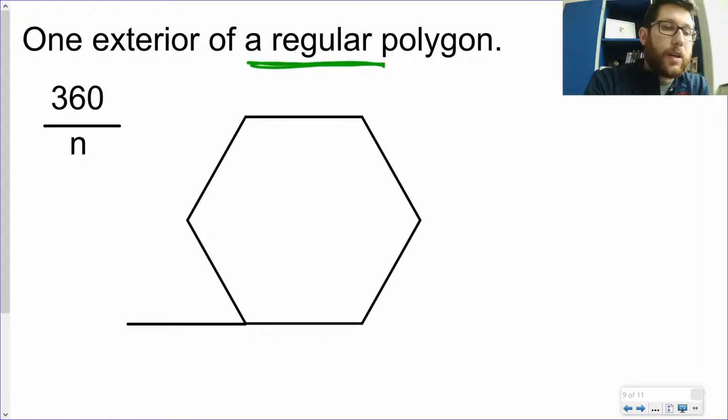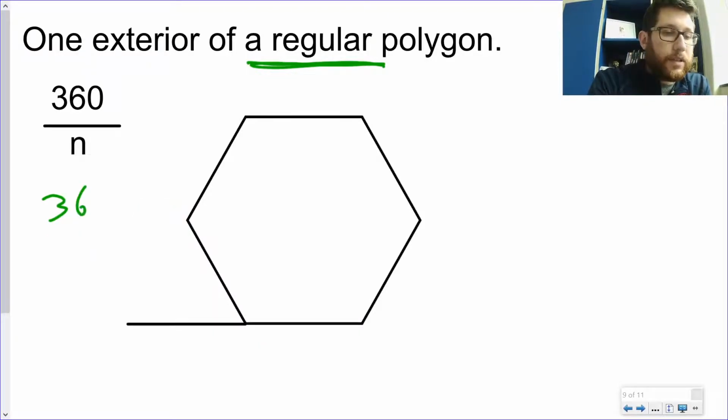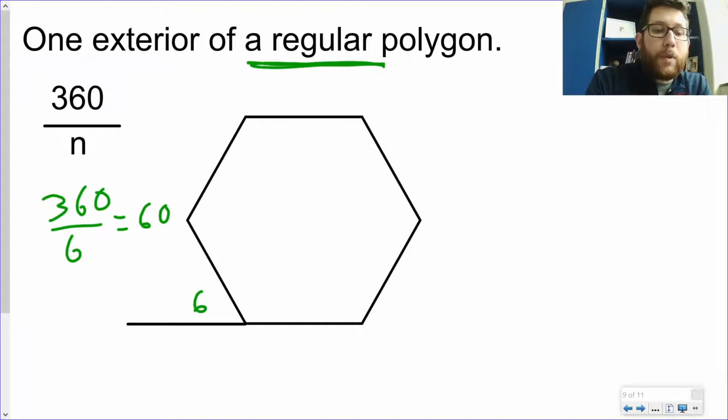So in this case, my n would be 6, so I would have 360 over 6, and I would get 120. Now, hopefully, I'm sorry, not 120, we would get 60. Let me back that up. 360 divided by 6 is equal to 60. Now, if you remember back to when we did this for the hexagon before, the one interior angle was 120 degrees.